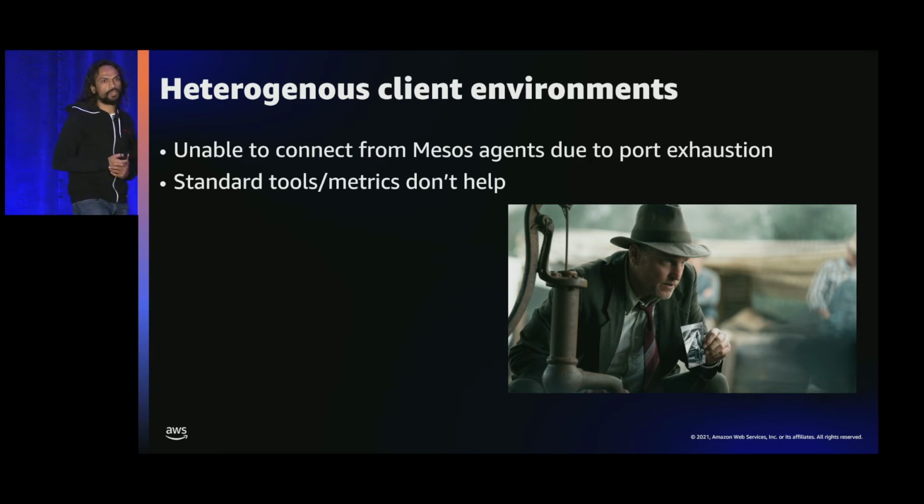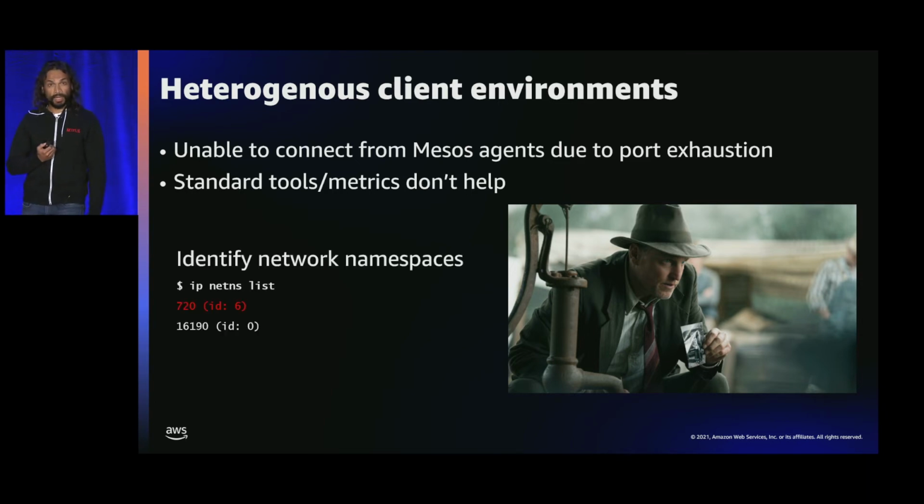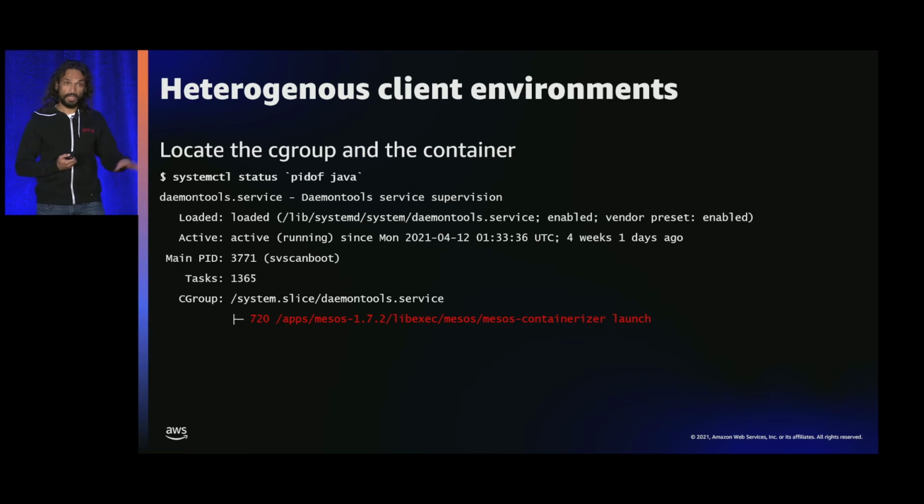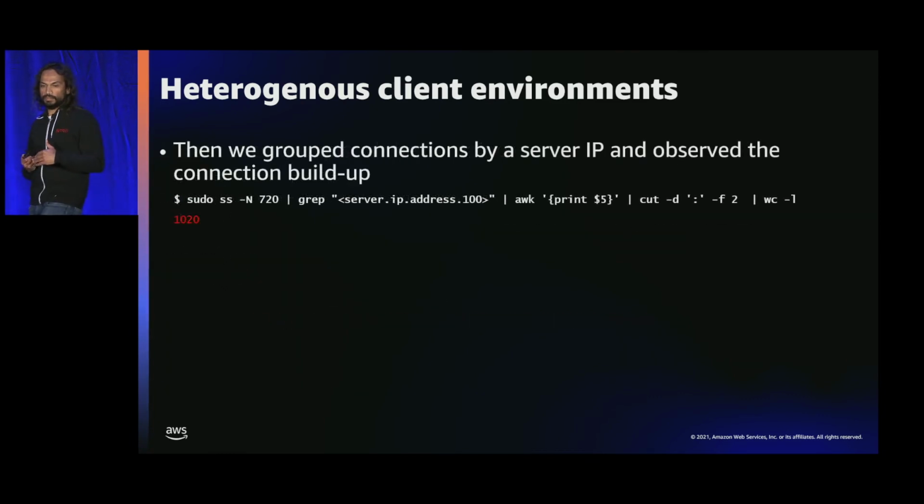So we looked into Mesos, and we found out it's using Linux network namespaces. We used the ip tool to identify which namespaces are running on this box, then looked at the JVMs to identify which JVM is using which namespace, and then used ss (socket stats) to identify which ports that particular JVM is opening to the server side and why it's exhausting all the ports.